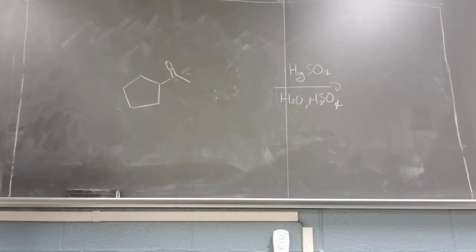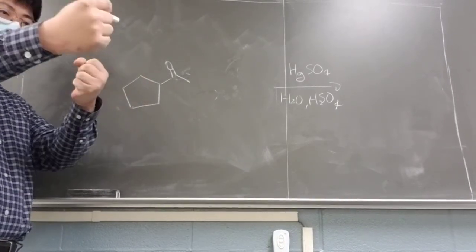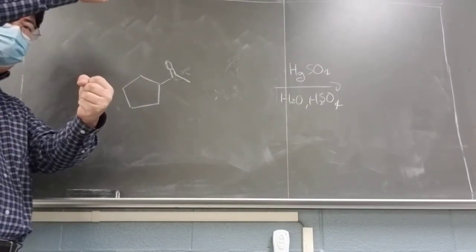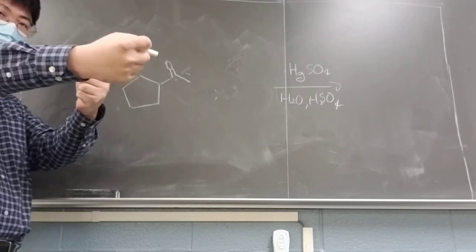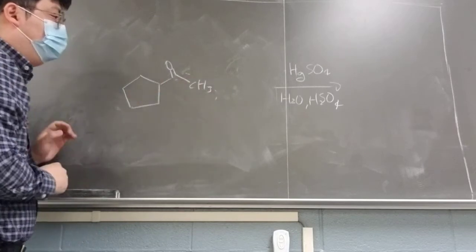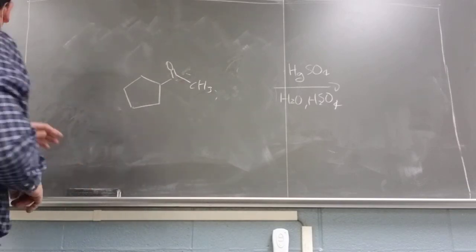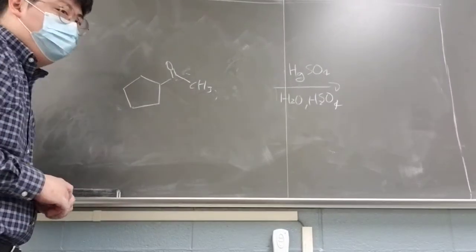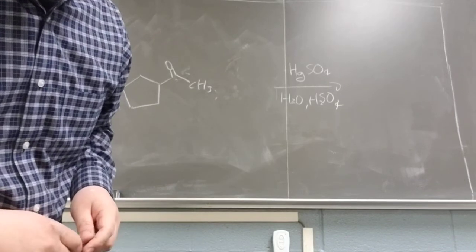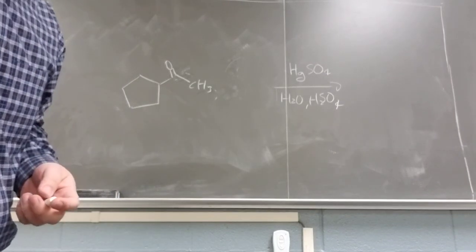If you have a terminal alkyne, just remove the triple bond. The one inside is more substituted. Put the oxygen with the double bond, which is the carbonyl group, and the other becomes this methyl group. Okay, that's it. So this is a trick you can do. I'll just stop here today.